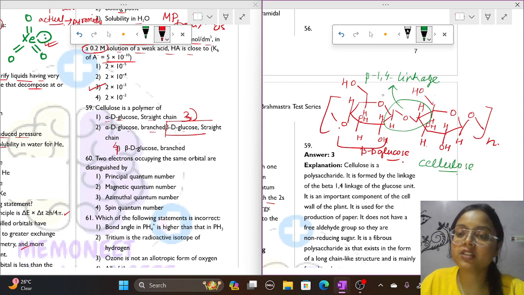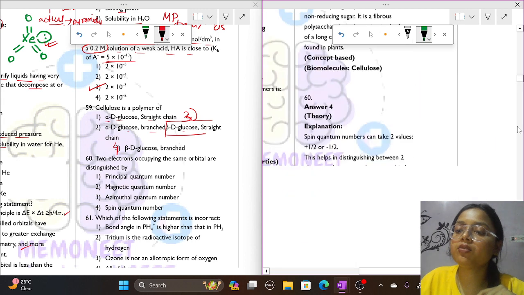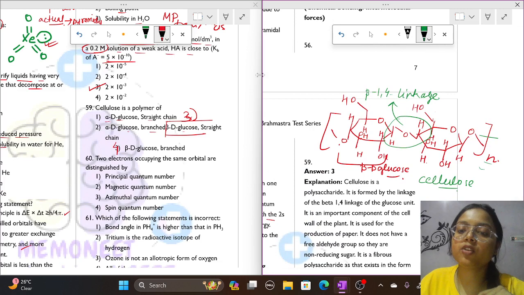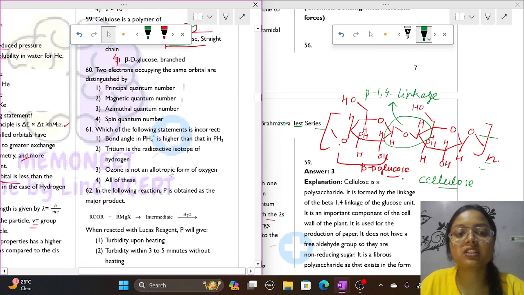Many beta D glucose units are joined in a straight chain. Here I have written n, which means one glucose molecule is there, beta D glucose, and another beta D glucose molecule is attached to it. So a straight chain is there, and option number 3 will be correct.